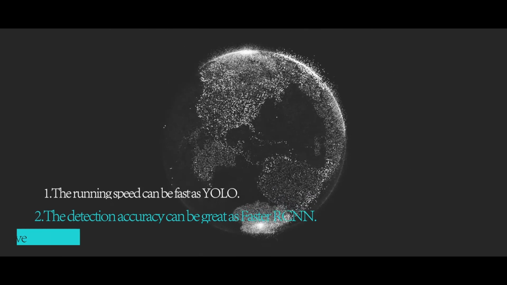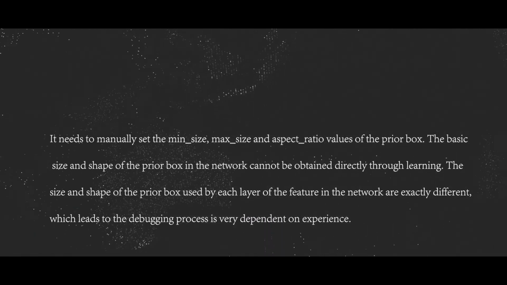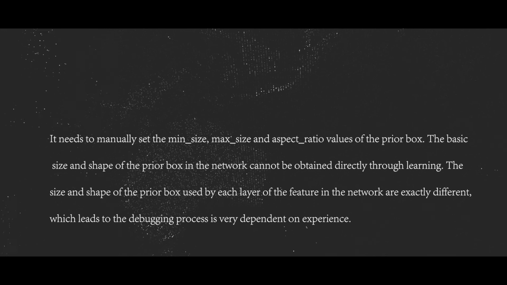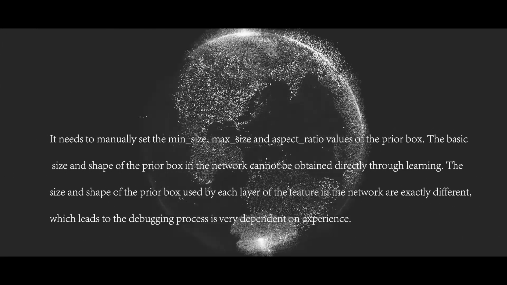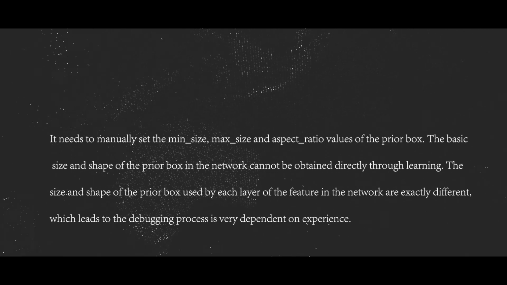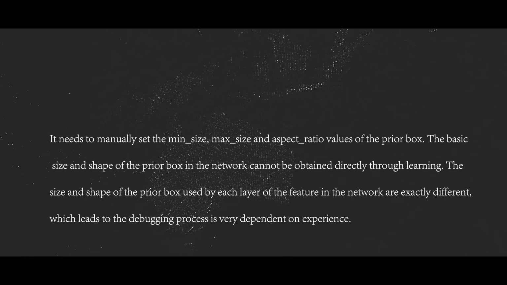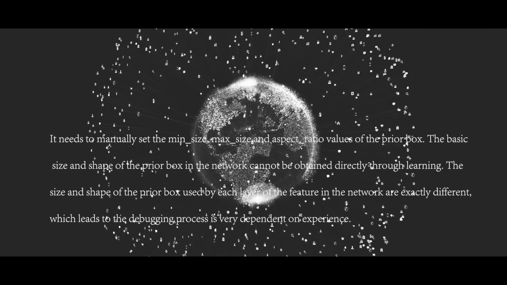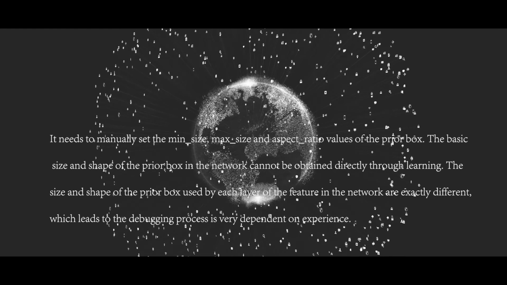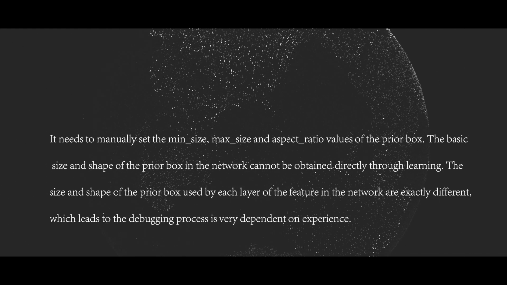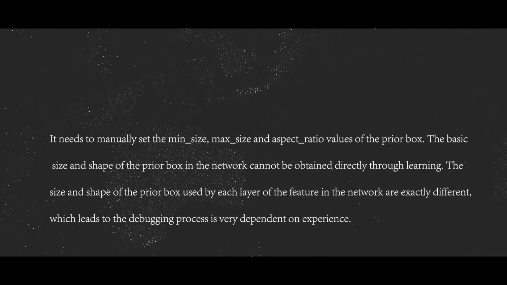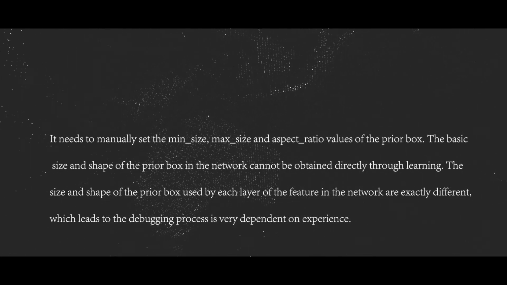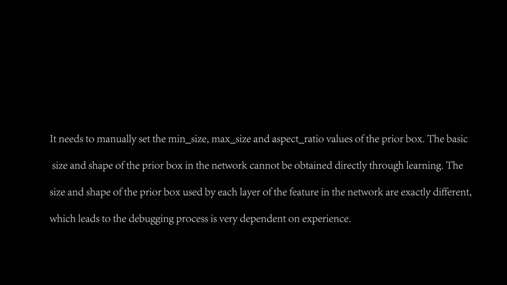Second, its cons. It needs to manually set the min size, max size, and aspect ratio values of the prior box. The basic size and shape of the prior box in the network cannot be obtained directly through learning. The size and shape of the prior box used by each feature layer in the network are different, which leads to a debugging process that is very dependent on experience.